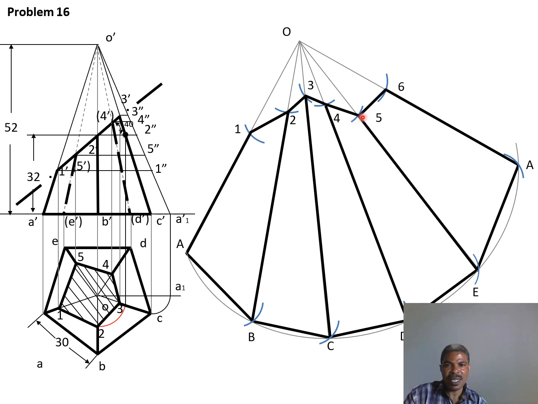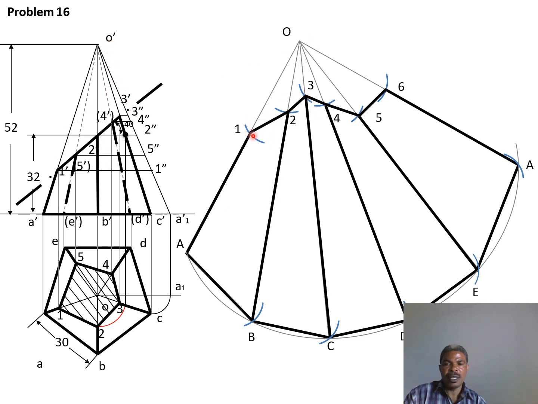So you can see here 2 and 5 are at the same level from O. And 4, likewise, it follows 4 here, then 6. So one can obtain this after being measured from the top.